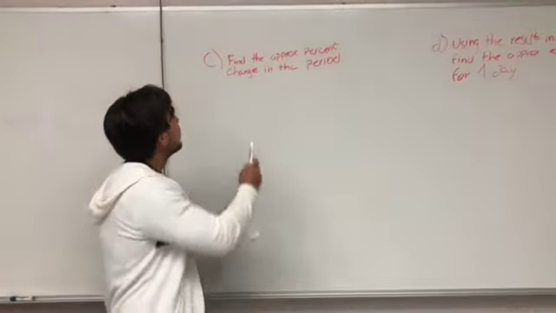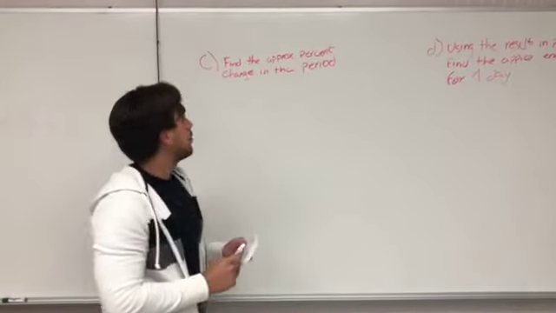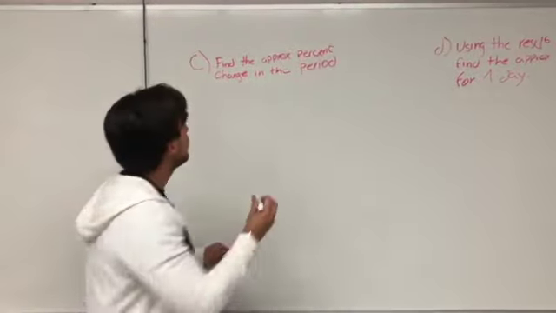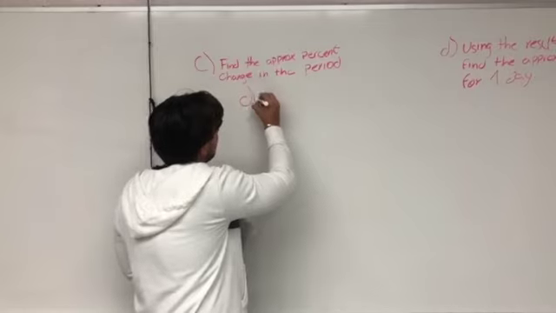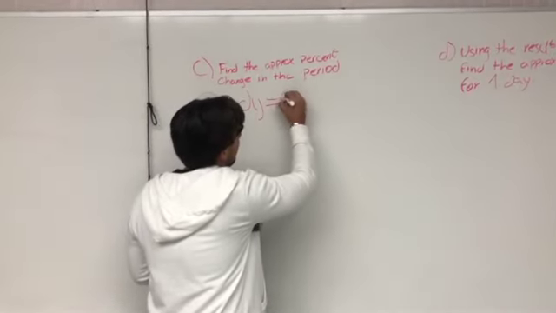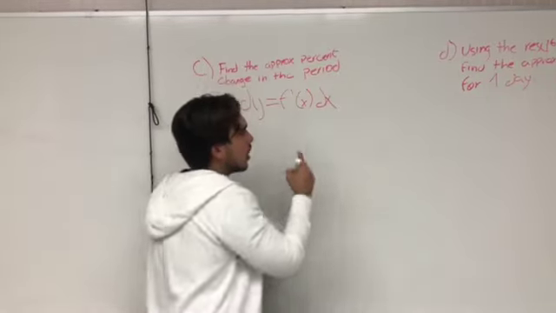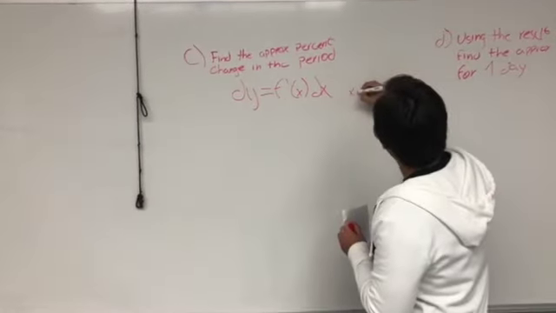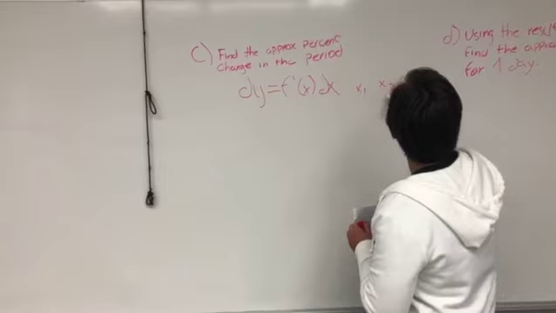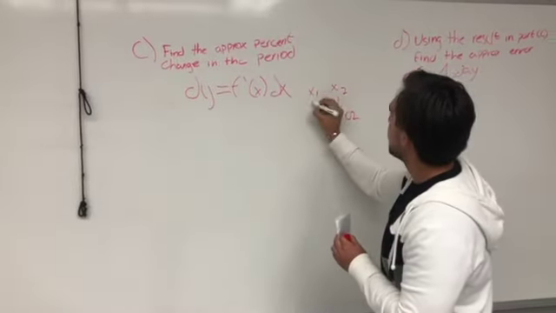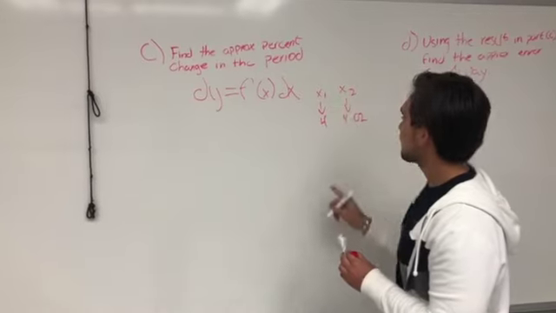Okay, so in part C, we need to find the approximate, not the change. So this means we have to use the formula dy equals f prime of x times dx. We know that our x2 is 4.02 and our x1 is 4.